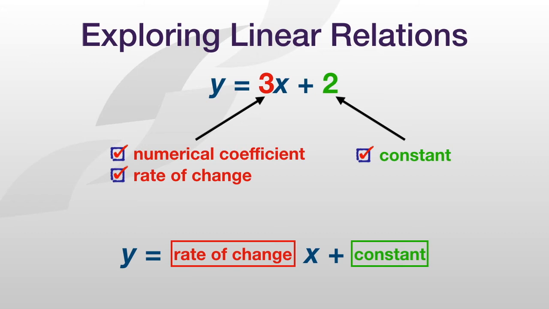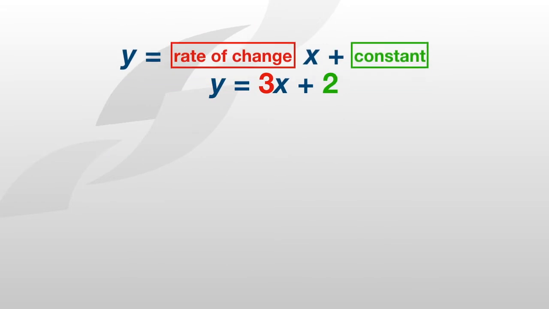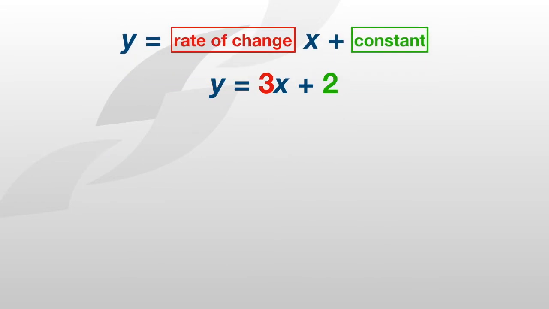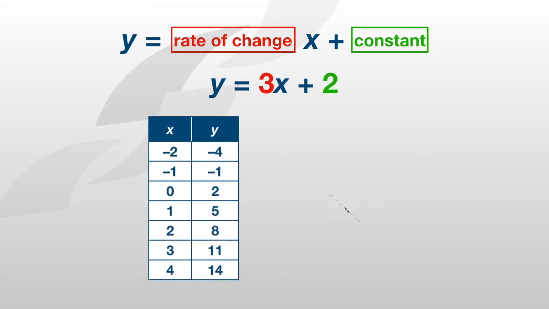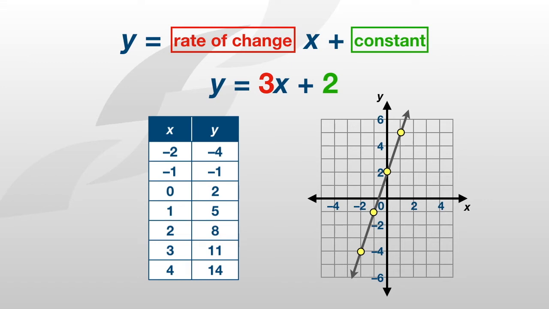You will see later that the rate of change and the constant can be negative integers, and in grade 9 they can also be fractions or decimals. A linear relation can be represented in many ways: algebraically, a table of values, or a graph. These representations are all connected.